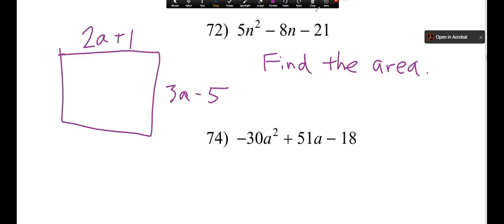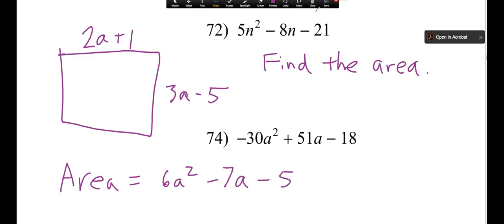What if they did anything like, let's see, the area equals 6a squared minus 7a minus 5, find the width.